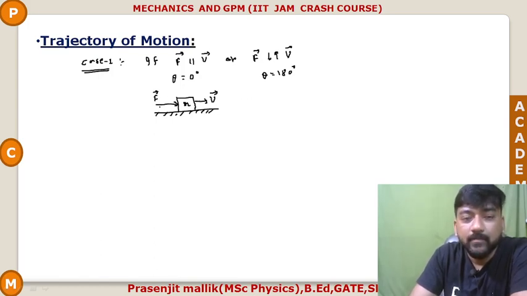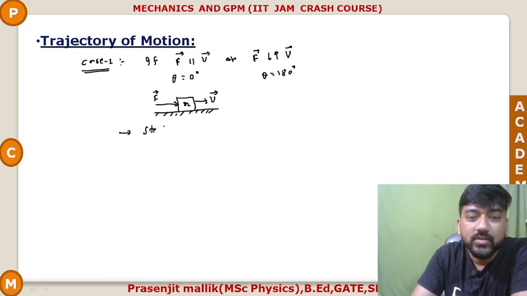This force acting parallel to v will change only the magnitude of v, so its direction will not be changed. So the path of this object will obviously be a straight line. Here the trajectory of motion will be a straight line.